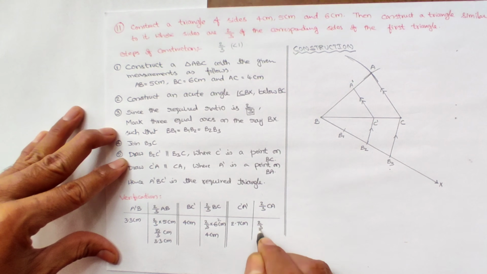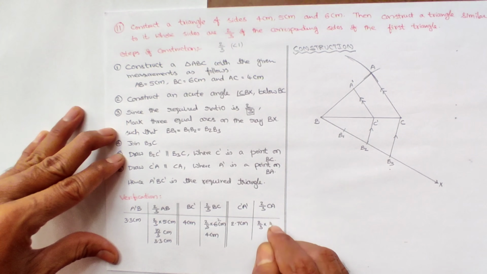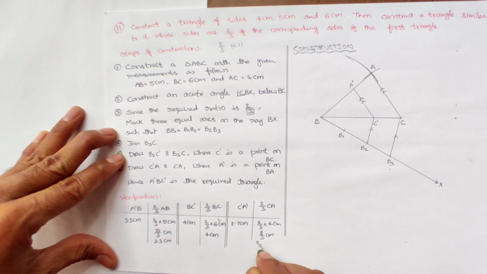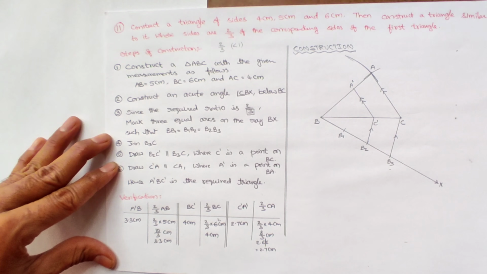Let us verify 2 by 3 times CA. CA, that is AC, is 4 centimeter. So 2 4s are 8 centimeter by 3. 8 by 3 is 2.66. When you take only one decimal, it is 2.7 centimeter, because that is more than 5, it can be raised by 1. So 2.7 centimeter.